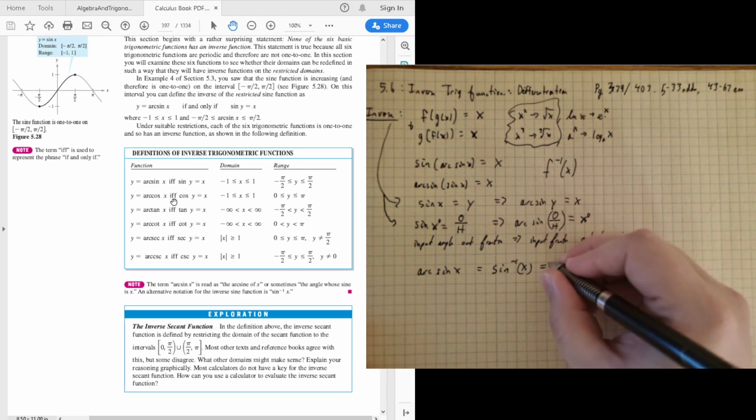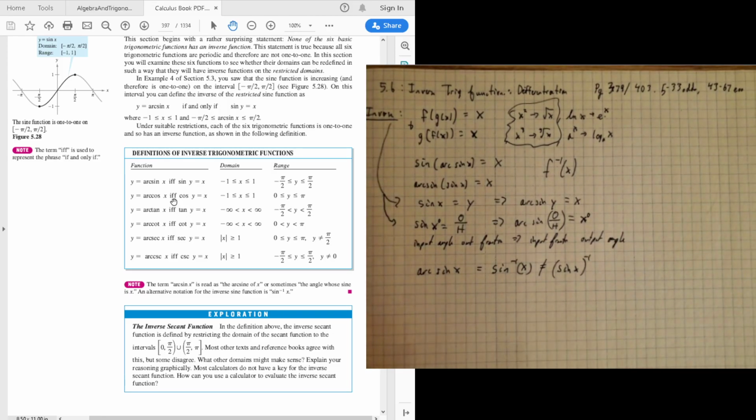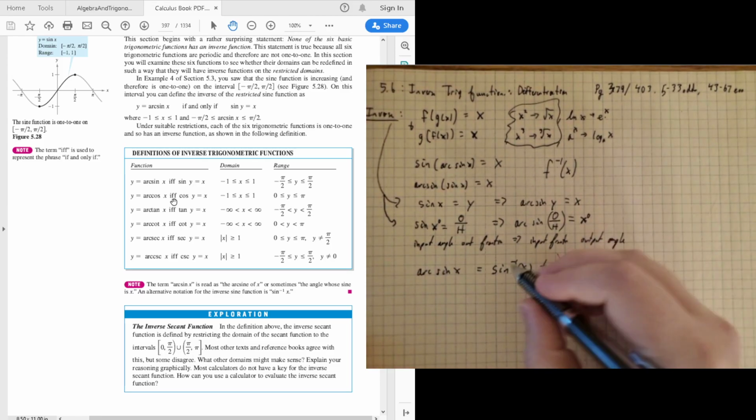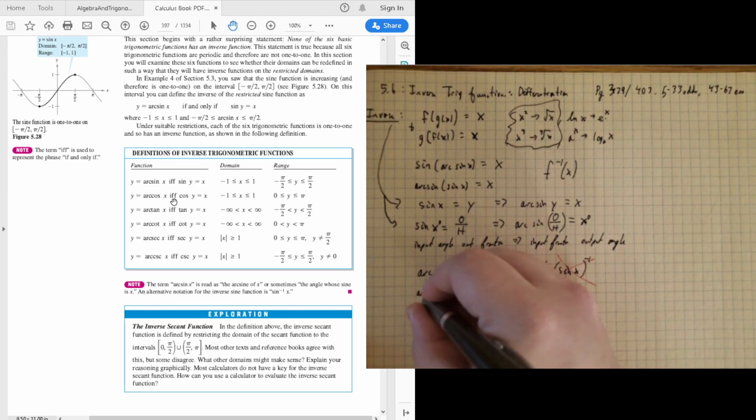This is not the same as sine x to the negative first power. These are not the same. Not in any way, not in any form, not even close. Sine inverse in this case just represents arcsine in shorter form to save some handwriting. Same with arccosine.